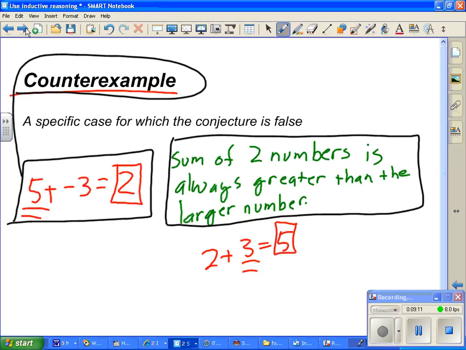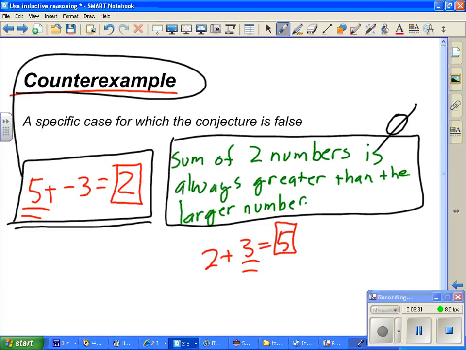Okay? It disproves it. This thing is not true because I have found my counterexample over here. 5 and negative 3. If I add those up, the sum of those two numbers is 2, which obviously is not bigger than the largest number, which is 5.